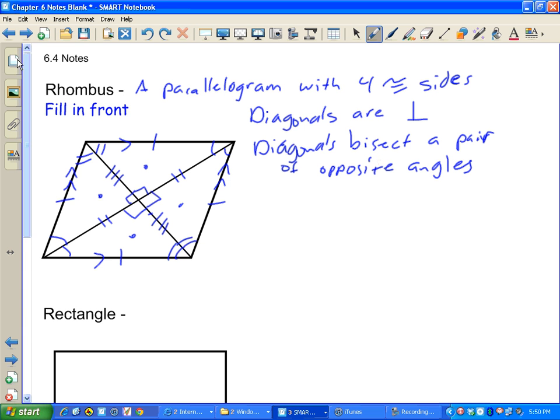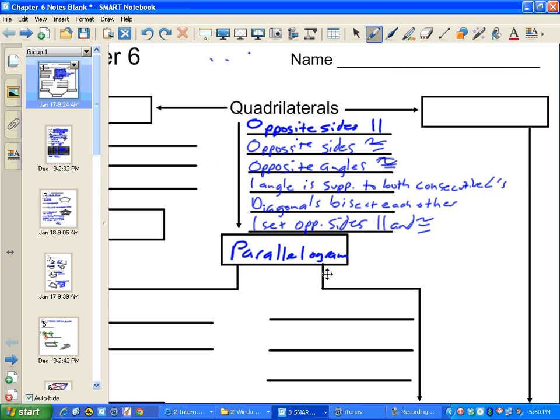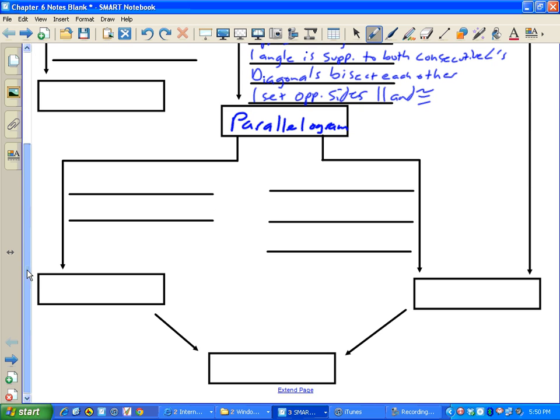So let's fill in our front page. Okay, so branching off from the parallelogram, we're going to go over here. Put rhombus for the shape down here. And here's the 3 ways to prove it.